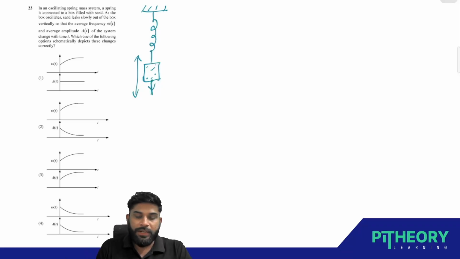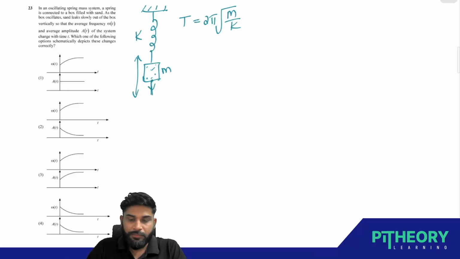Okay, so what is our relation? Basically, if I'm going to find omega, it is related to the time period, right? So T, the time period for this oscillation, if k is the spring constant and m is the mass, is 2 pi root over m by k. Correct. Okay. So one thing you can note here is the amplitude.